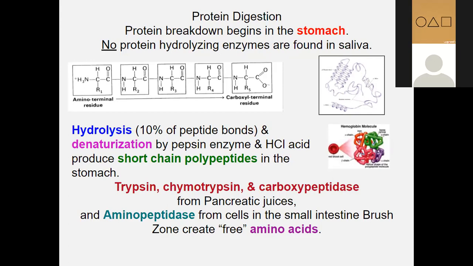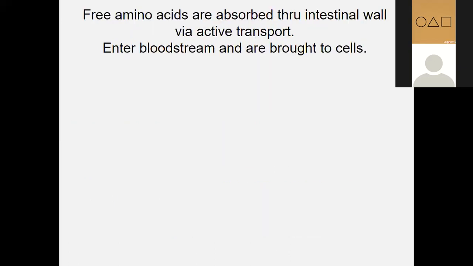So meron kang trypsin, chymotrypsin, carboxypeptidase. So these are specific enzymes that they break specific bonds, type of polypeptide bonds. So they come from the pancreas. And then from your small intestine brush borders, you have aminopeptidase. So eventually, you create these free amino acids.